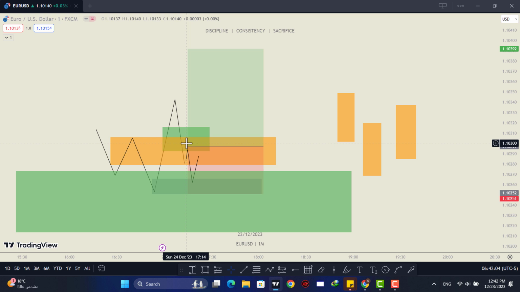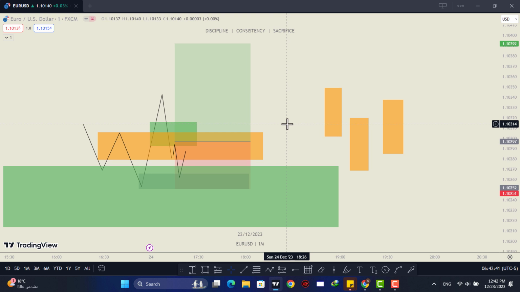If you want to make it even higher in probability, you wait for this pattern to form, meaning price sweeps its liquidity, sweeps a short-term low to the left, and then breaks structure, and then you wait for that swing to form. And to make things even better, you need to see the structure happening inside a higher time frame PD array, or at least it is originated from a higher time frame PD array.